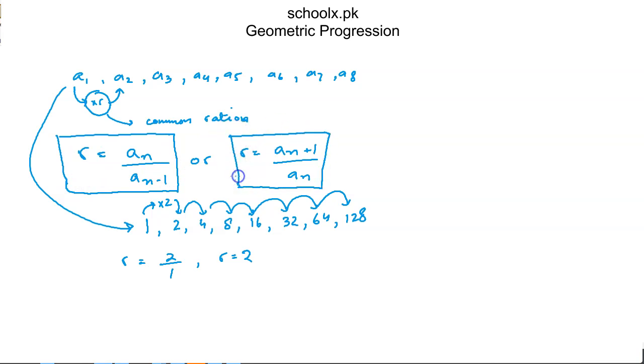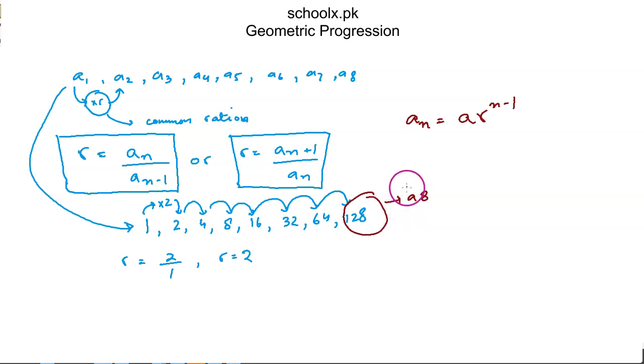Now moving onwards to the formula for finding the nth term. That formula is an, or nth term, equals first term a multiplied by the common ratio raised to the power n minus 1. So this was our 8th term, right?